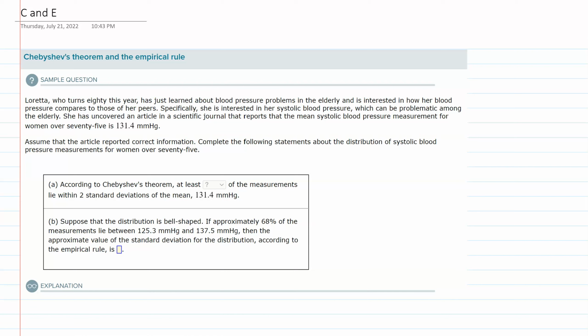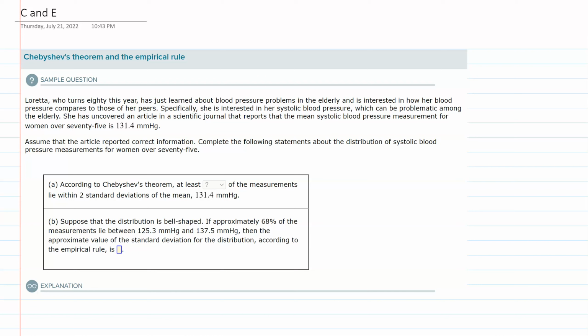She has uncovered an article in a scientific journal that reports the mean systolic blood pressure measurement for women over 75 is 131.4 mmHg. Assume that the article reported correct information. Complete the following statements about the distribution of systolic blood pressure measurements for women over 75.